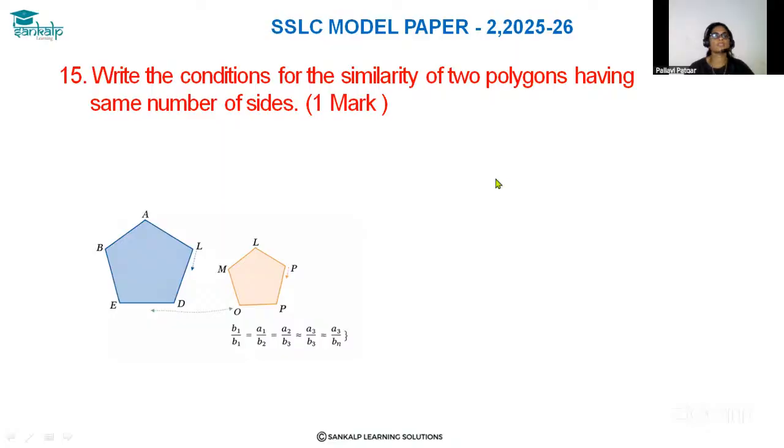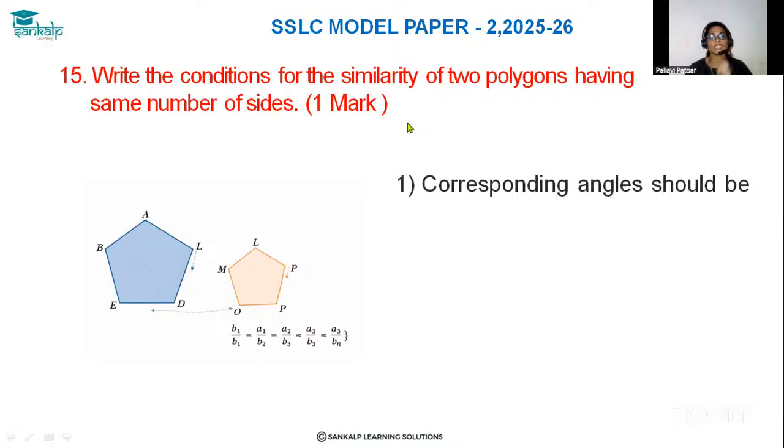Hello everyone. Look at the question number 15. Write the conditions for the similarity of two polygons having same number of sides. So two polygons are similar if they satisfy two conditions.